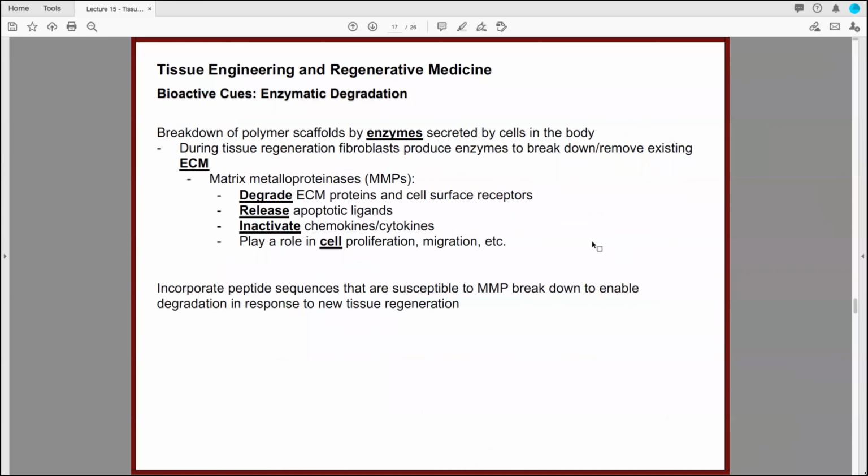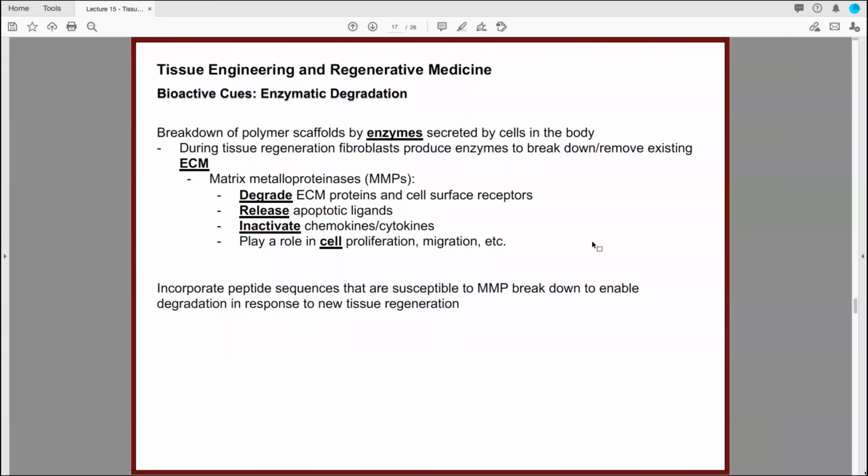So one of the things that we can do as well is we can get the breakdown of our polymer scaffolds using enzymes secreted by the body. So during tissue regeneration, fibroblasts, which you're aware of now, produce enzymes, and they break down and remove existing extracellular matrices. The major ones studied are these matrix metalloproteinases, MMPs.